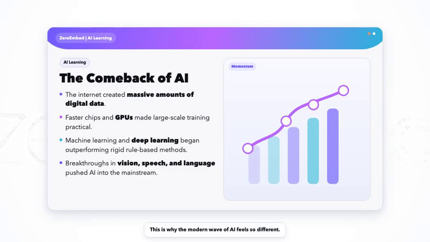This is why the modern wave of AI feels so different. Instead of programming every answer by hand, we train models to detect useful structure in large amounts of data. That change opened the door to image recognition, speech systems, translation, recommendation engines, and later generative AI.